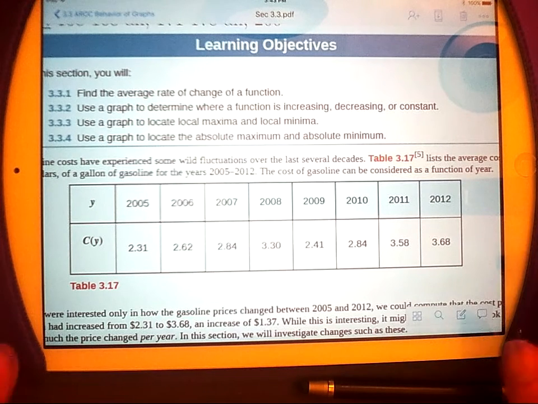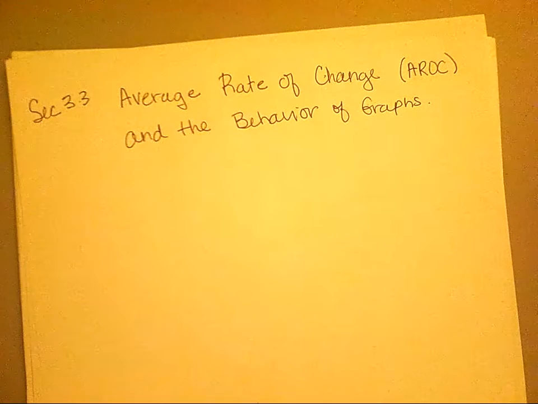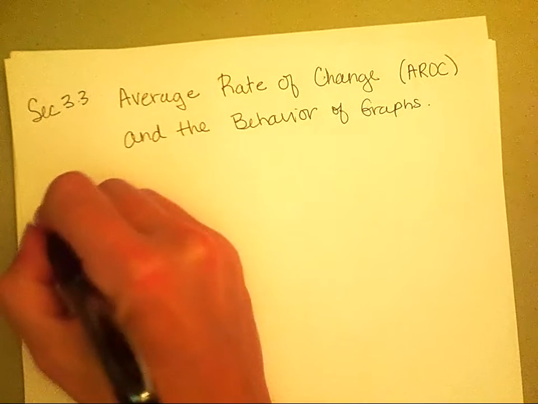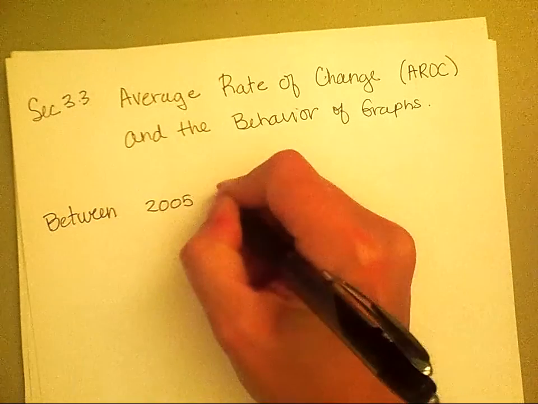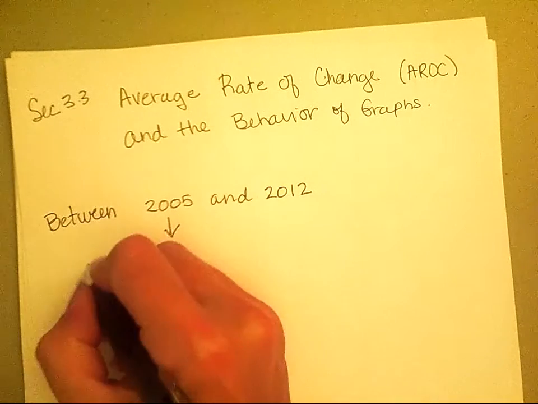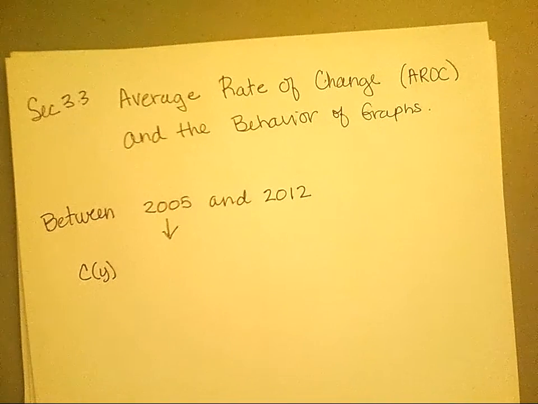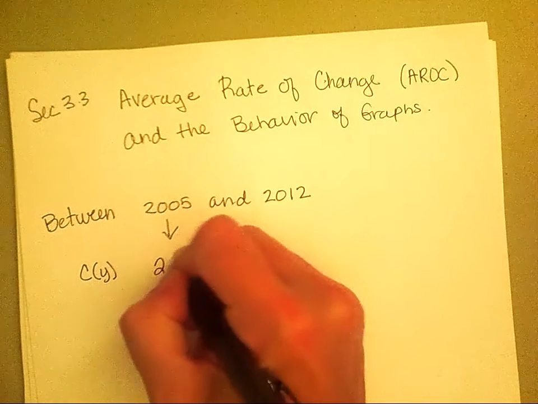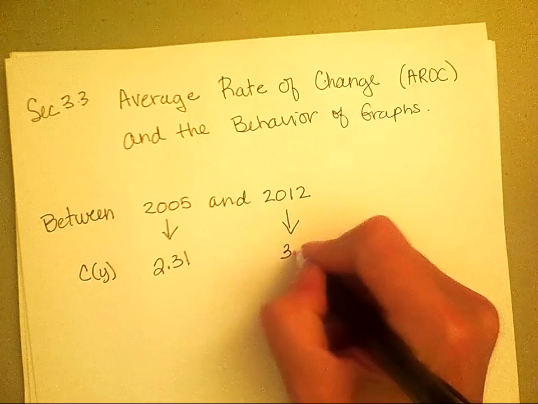So really what we're saying is, we're going to be working with this and this, when we're looking for these average rates of change. If we're looking at the price now, let's look at it between 2005 and 2012. So in 2005, the cost of the gas that year was $2.31, and in 2012, it was $3.68.